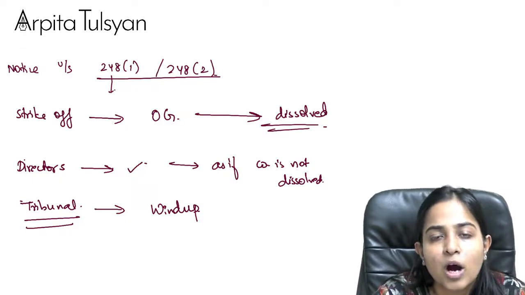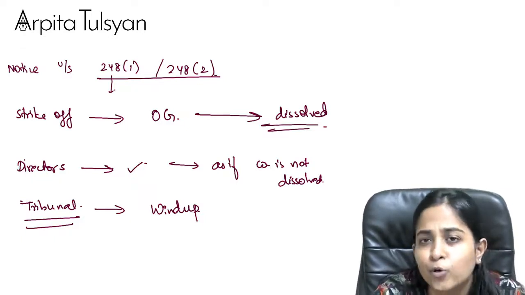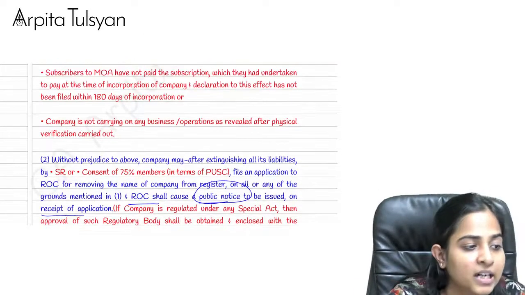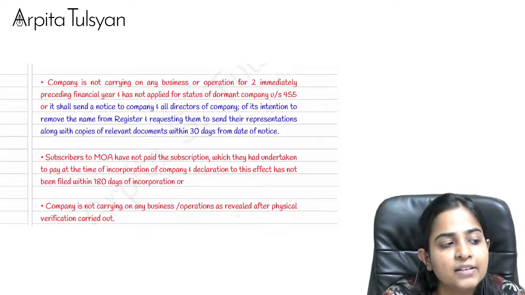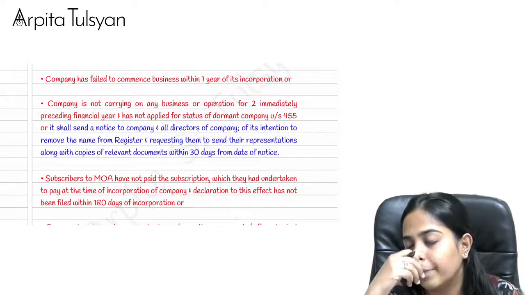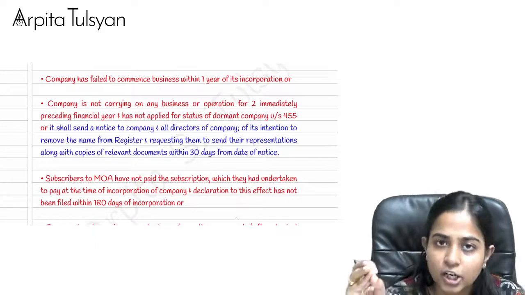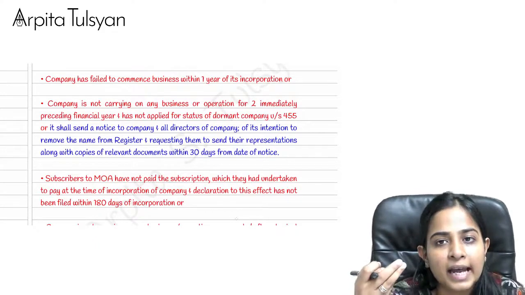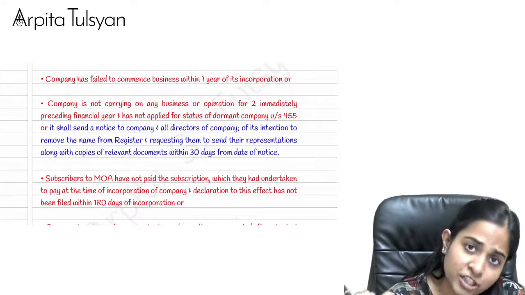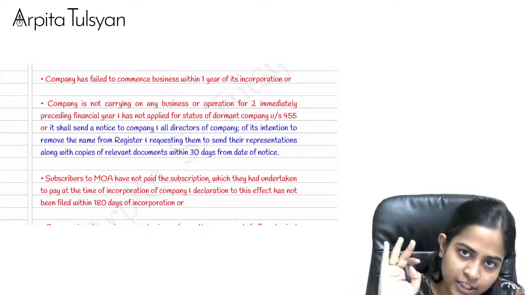I hope you're clear with section 248, and 248 is super duper important, especially these four circumstances which we studied. What were the four circumstances in which the company's name can be struck off? If the company fails to commence business within 1 year of incorporation, or if it was inactive for the last 2 years and did not even apply for the status of a dormant company, the ROC will ask the company to submit representations within 30 days.